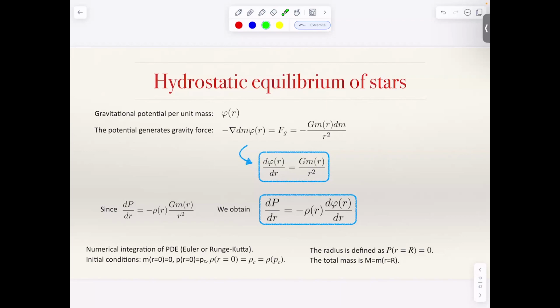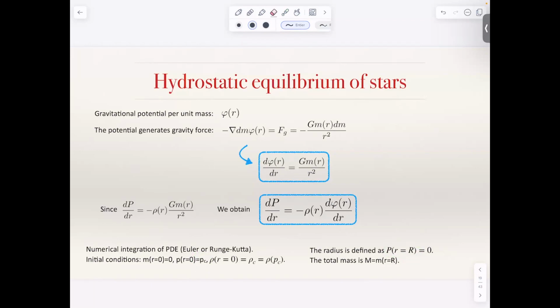You don't know where the radius is, but you can characterize the radius because it is the coordinate for which the pressure is 0. You know that the pressure starts with PC, and then it decreases. Since it is a decreasing function, there is a point where the pressure passes through 0, and this point is defined as the radius.